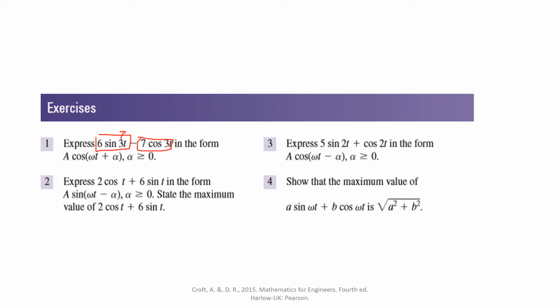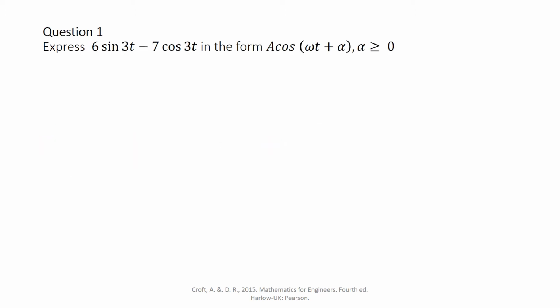This is the frequency, 6 amplitude and 7 amplitude, and we are going to subtract these two waves, and we are asked to write our answer in this shape. So it means we are going to apply the first rule, and alpha is the phase, which is supposed to be greater than or equal to 0.